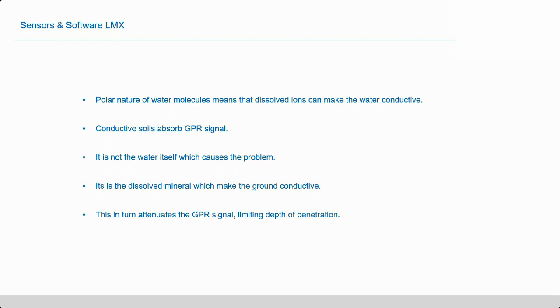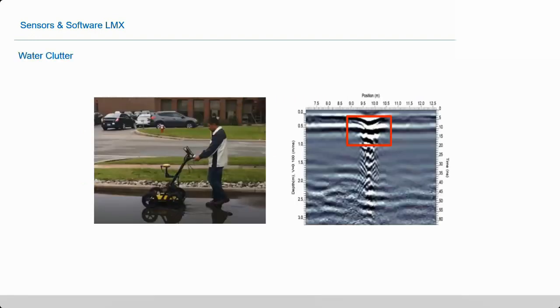Sometimes, if you've got a lot of minerals in the ground which are conductive, they will be absorbed into the water. Now, where people think GPR signals get blocked out by water is a thing called water clutter. And this is if you actually run the bottom of the antenna through shallow water, I don't mean wet surfaces.